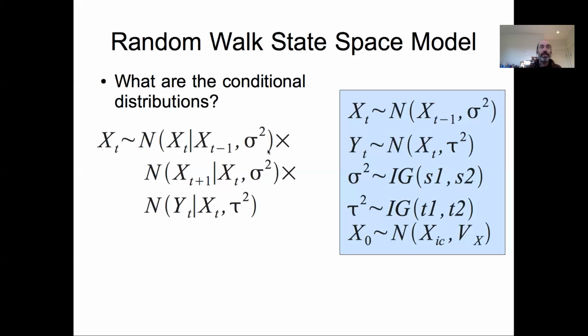So our confidence in X is going to be related to the magnitude of our process error and the magnitude of our observation error. We'll also learn that the posterior mean of this xt is going to be a weighted average of the other 3 components, each weighted by their uncertainty. So x of t's mean is going to be a weighted average of x of t minus 1, x of t plus 1, and y of t, each weighted by their precision.